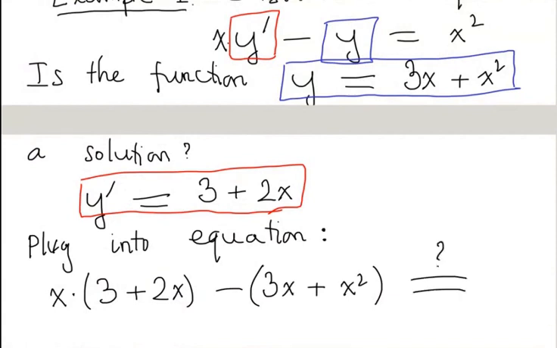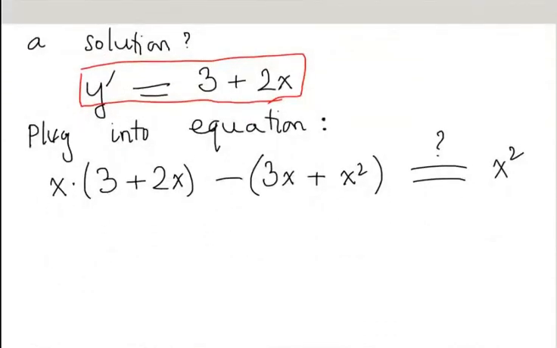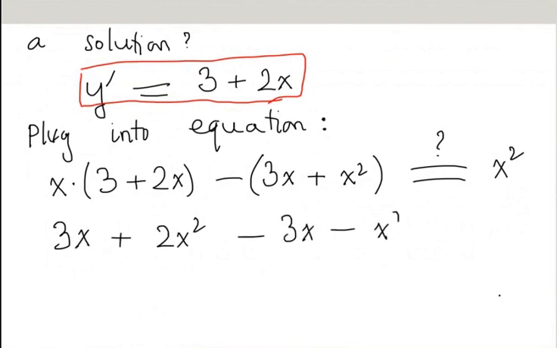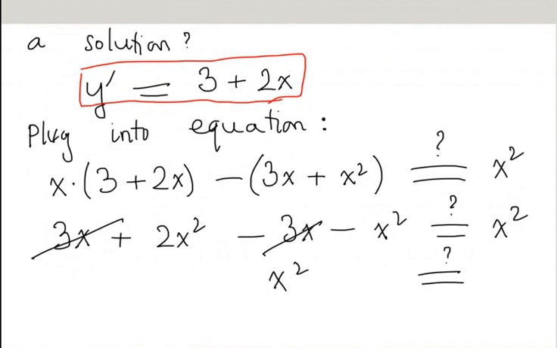And then we want to check if this is a true identity for all values of x. Let's distribute. We have 3x plus 2x squared minus 3x minus x squared. Is it the same as x squared? If we do the algebra correctly, then we have x squared on the left side equal to x squared on the right side, and this is a true identity.